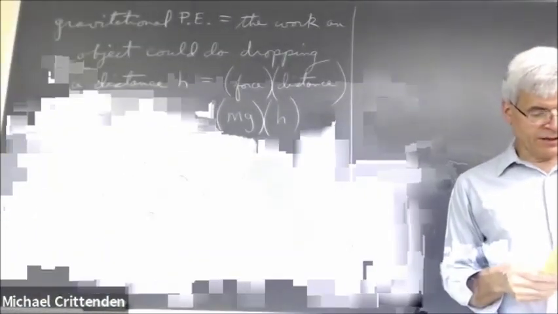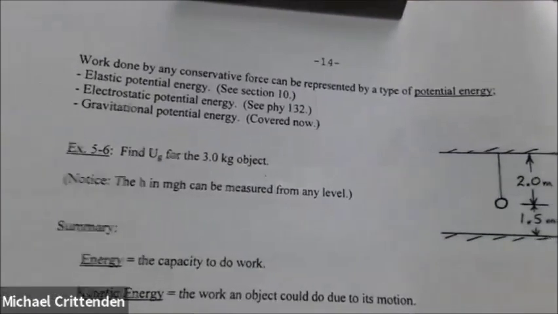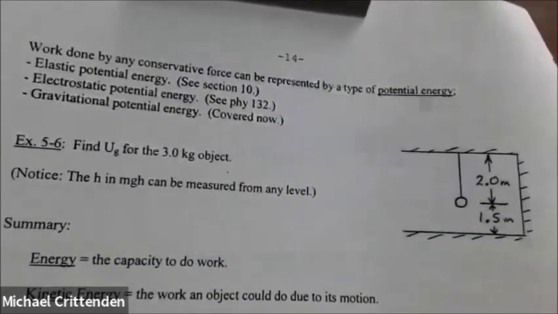U_G equals mass times the gravitational acceleration times the height, mgh. Which then brings us to number 6.